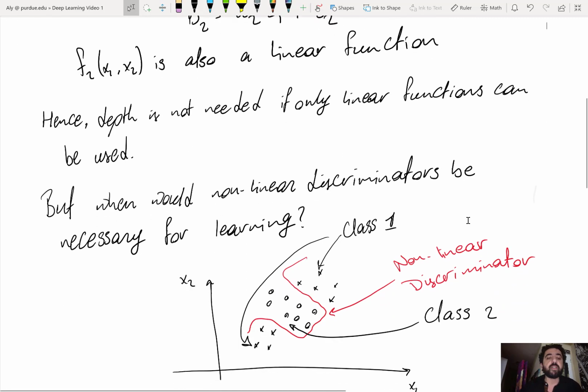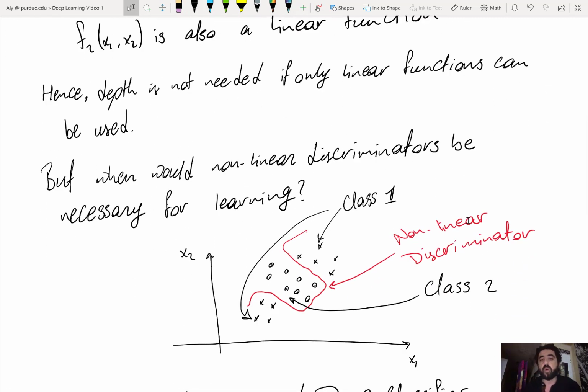So let's consider a simple classification problem where you have x1 and x2, again two variables, and then the points marked by the crosses here belong to class 1, these points belong to class 1, and then the points in the middle belong to class 2. Now you have to have a nonlinear discriminator to discriminate successfully between these two classes. Hence, sometimes in learning, and in this example for classification, we need nonlinear decision boundaries or nonlinear classifiers, right?